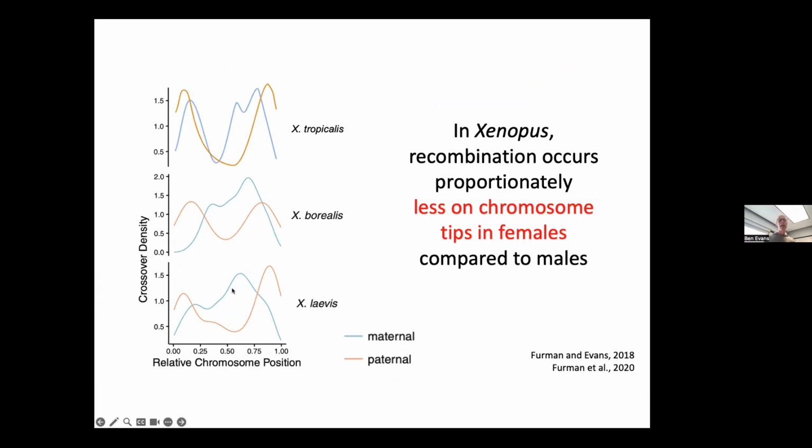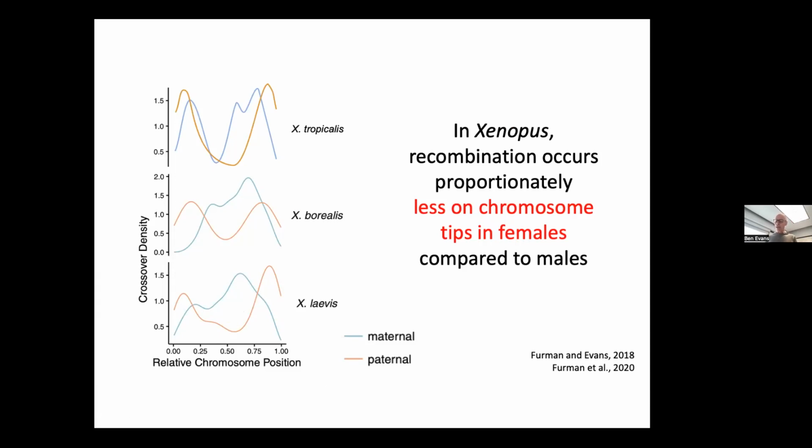And we see in general that in blue here, maternal recombination events tend to occur in the centers of chromosomes. And then in brown here, you can see that paternal recombination events tend to occur on the telomeres towards the end of chromosomes. And this is true in 3 separate species that we've looked at, suggesting that this is the ancestral condition of the recombination landscape in these frogs.